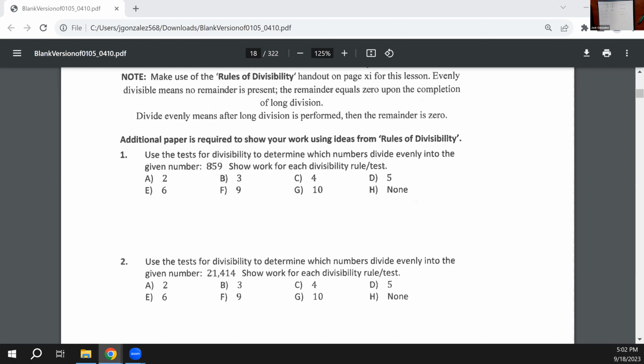It could be a page that says rules, like visibility. Roman numeral 11.